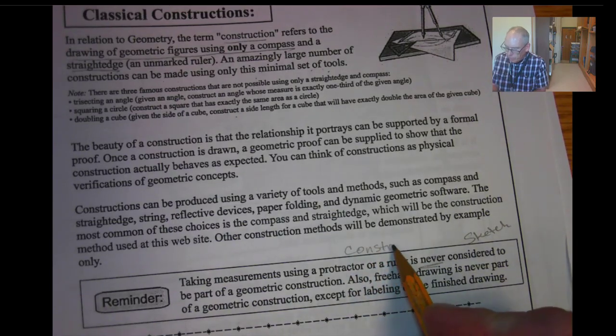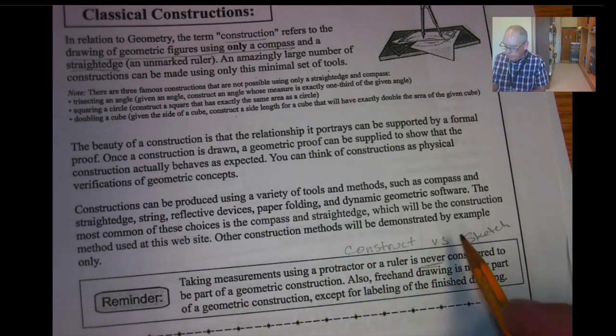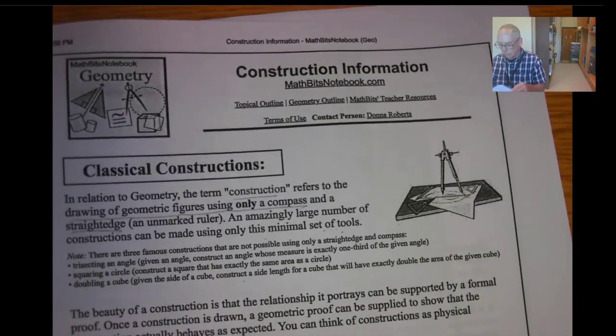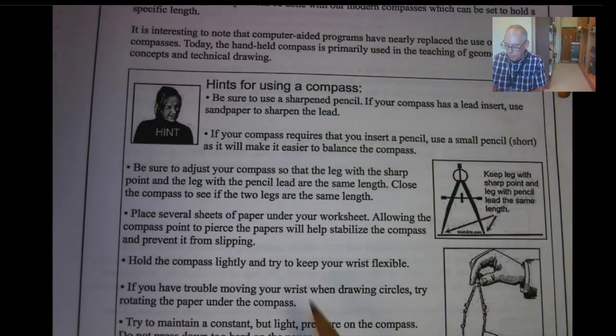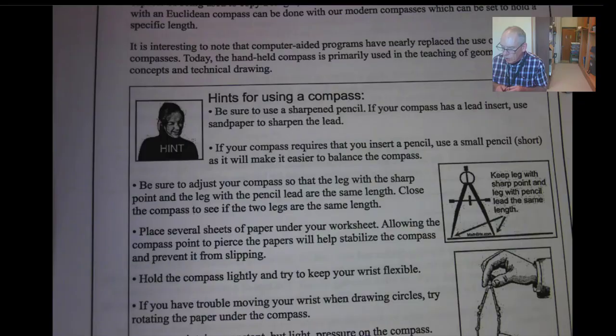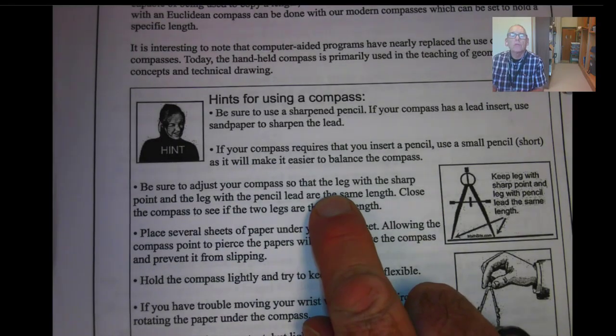If we look at the second side of the page, there are some tips on using a compass. So the main thing is you want most of your pressure to be on the point of the compass. You might need a couple of sheets of paper underneath to make sure that the point doesn't slide.